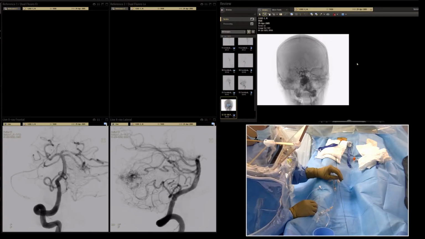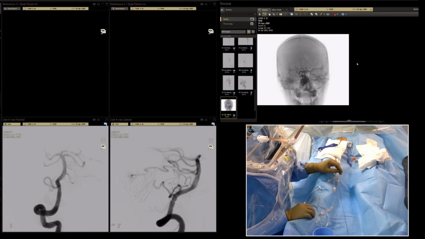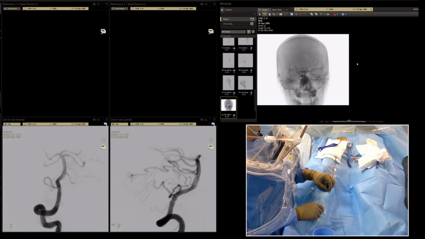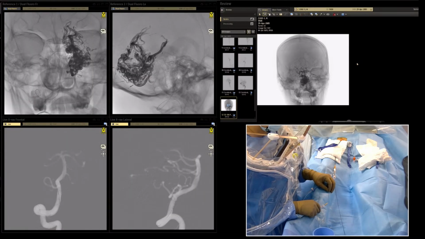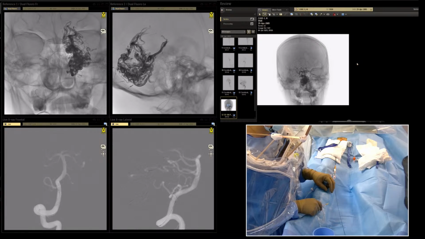Stop. I need to go only to the first segment of PICA. We need to go to the first segment of PICA, and I think it's enough to do.